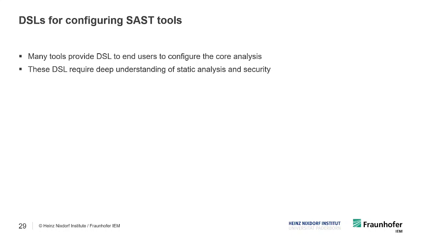We are going to see the first DSL example like this, which is more focused on security experts. As a second example, we are going to see a new DSL which was recently designed in our research group, and it is, I would say, more simple and more tailored to software developers.